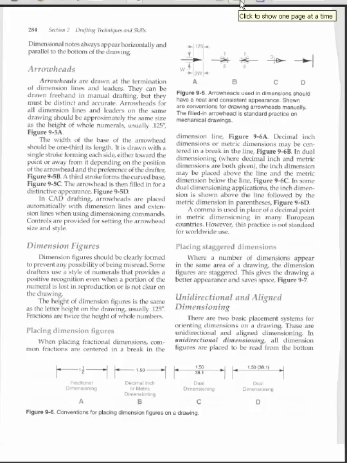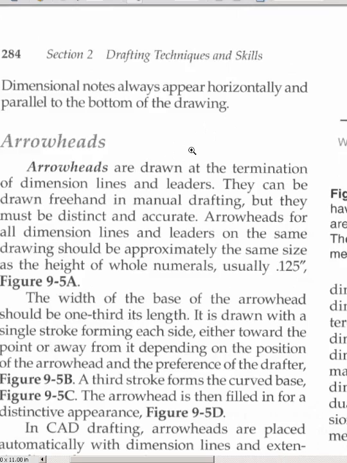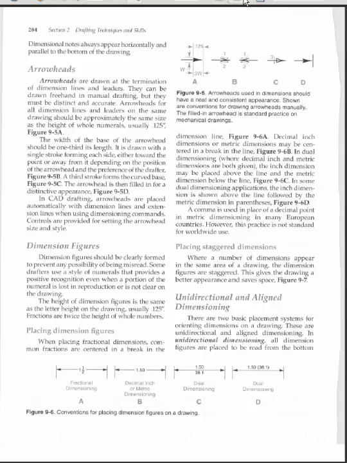Keep in mind that with most CAD packages, 0.08 or 0.09 is about as small as you can get and visibly be read. It does recommend that arrowheads be the same height as the whole numerals, usually 0.125. So there's a magic number. There's 0.125 or 1/8 is your text height and arrowhead height.